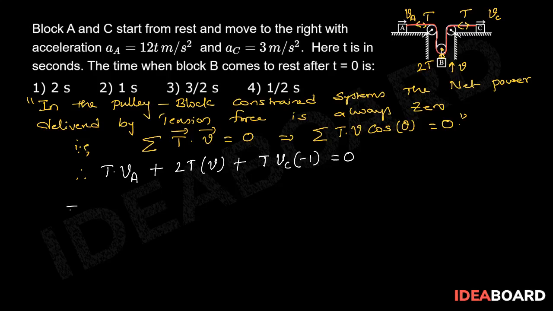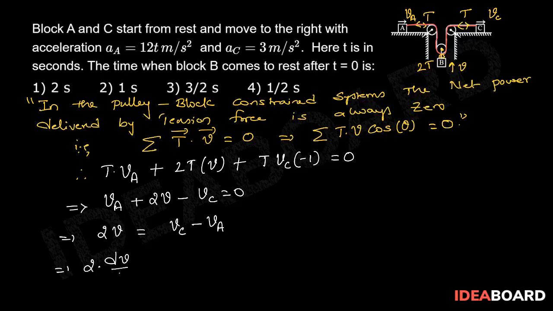Then this equation implies that VA plus 2V minus VC equals 0, which implies 2V is equal to VC minus VA. On differentiating this equation, we get 2 times dV upon dt is equal to acceleration of C minus acceleration of A.